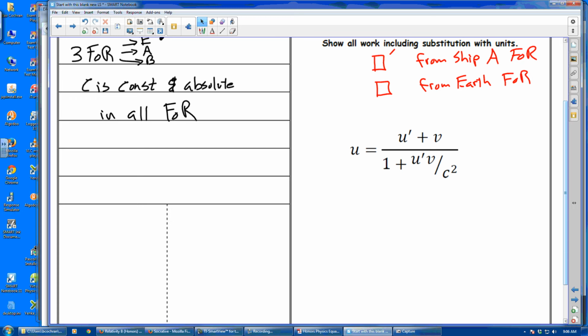So, U would be how fast, and we'll say, let's do one other thing. We'll say B is ship A, and U is ship B. So we have U here, that's how fast ship B is with respect to the Earth.